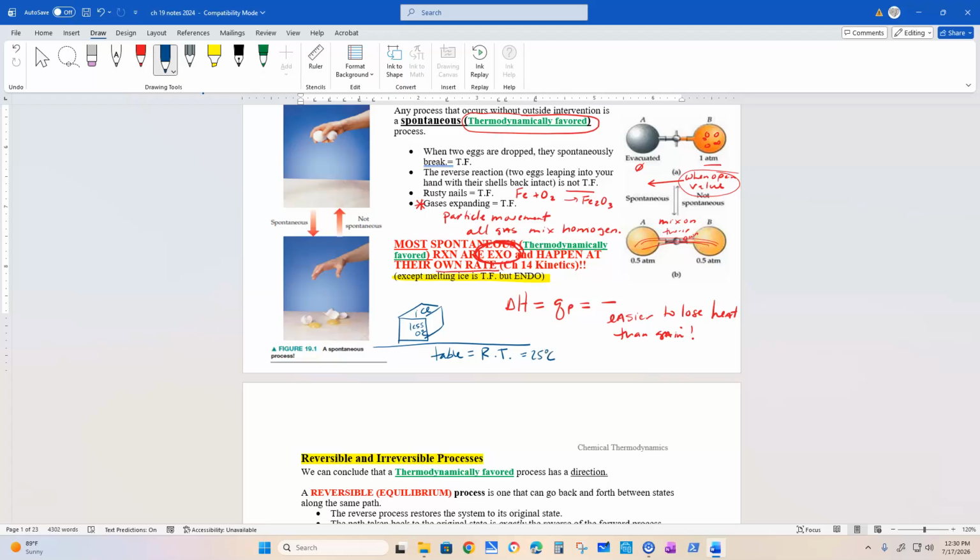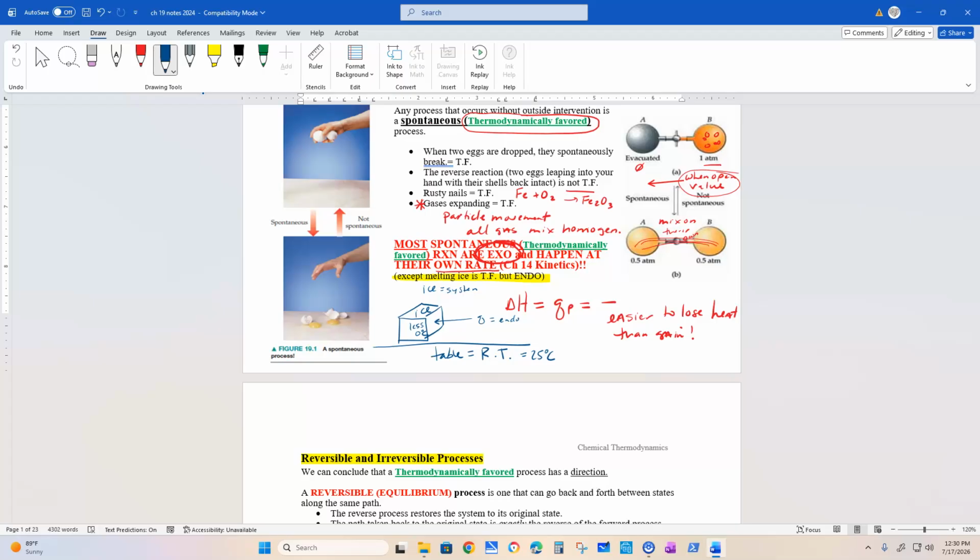I just put a piece of ice out there. Will this melt on its own? Yes, because the heat is coming into the system. The ice is the system. The heat is coming in and it's melting the ice, but because the heat is coming in, that's endothermic. But it will happen on its own.